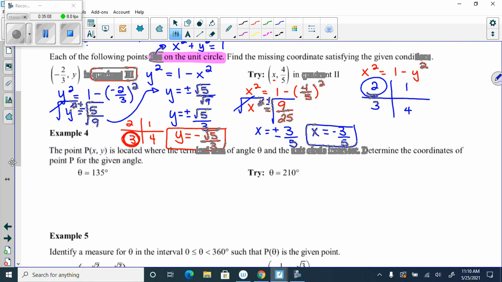So I can give you the point x, y is located on the terminal arm of angle theta, and the unit circle intersect. Determine the coordinate of the point for the given angle. So I want the coordinate at 135. Go. Literally, if you have your unit circle in front of your face, you just write down what the coordinate is. So you're going to do 135 and 210.